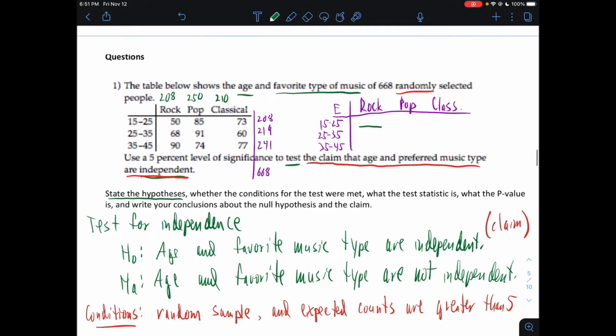To get that number, what's going to go right there, I have to take the row total, which for the 15 to 25 row is 208, and then multiply by the column total, which for rock is 208, and then divide by the grand total, which is 668. So 208 times 208 divided by 668, and we get 64.766, rounding it to 3 decimal places.